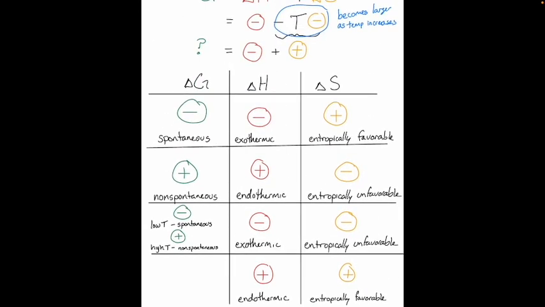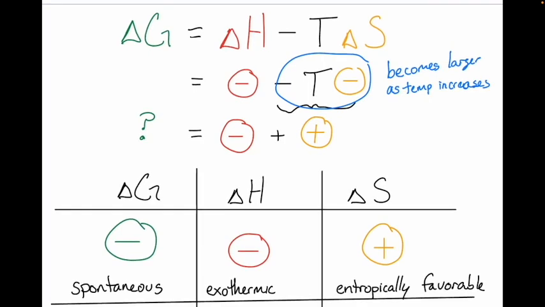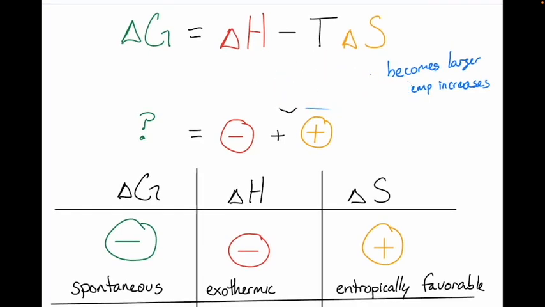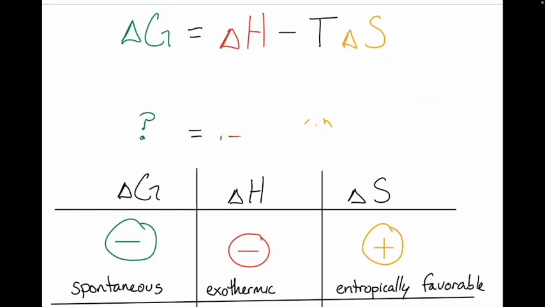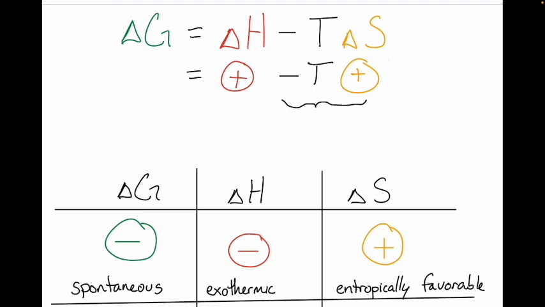All right, again, plugging this into our equation here. We have a positive enthalpy minus T times a positive entropy. So now this component here together is going to be negative.